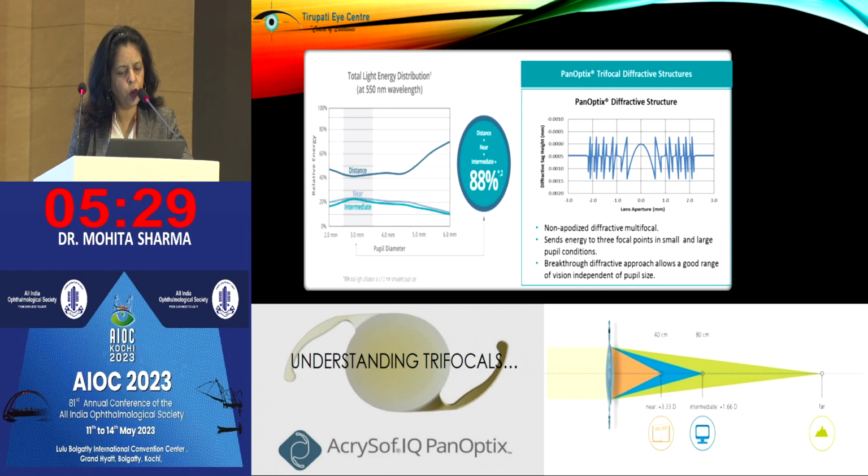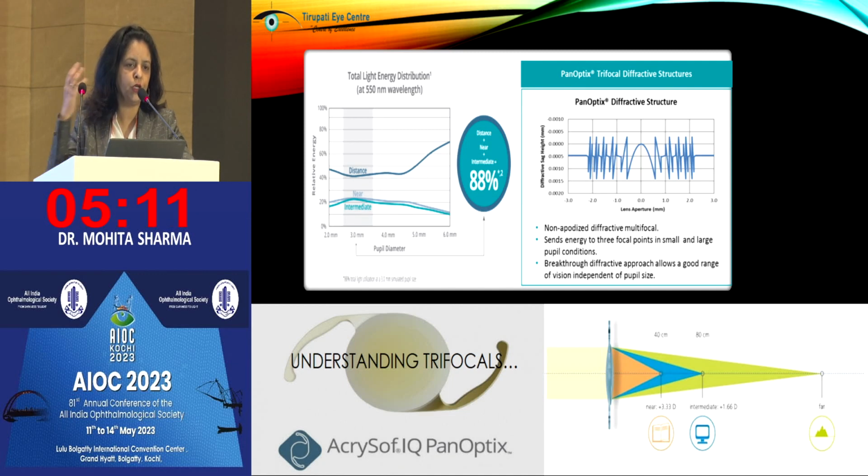And now we also have this panoptic lens, which is basically not just a trifocal, it's a quadrifocal lens. And this has got something which is called the Enlighten technology, in which there is another additional step created. This additional step is responsible for dividing the light into two parts.